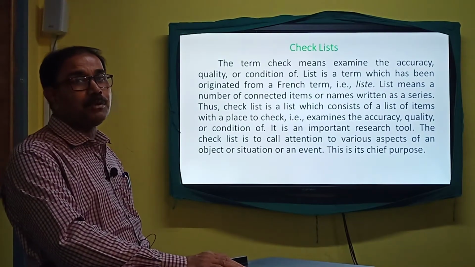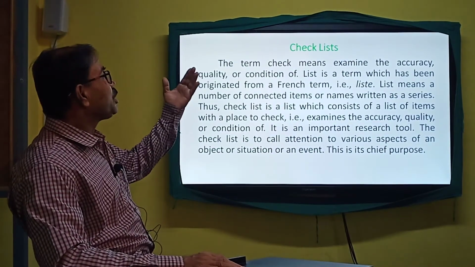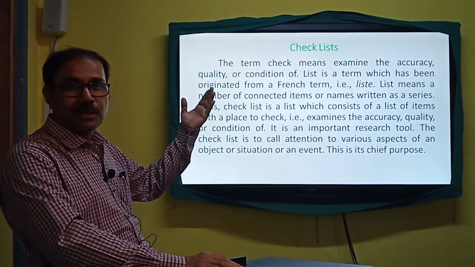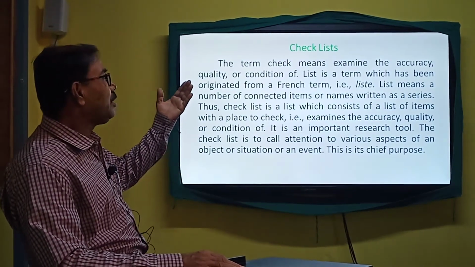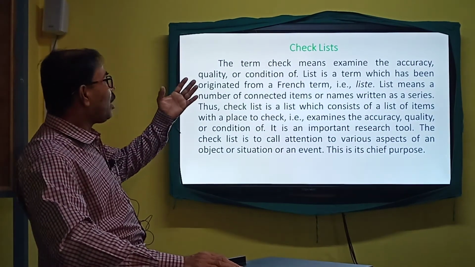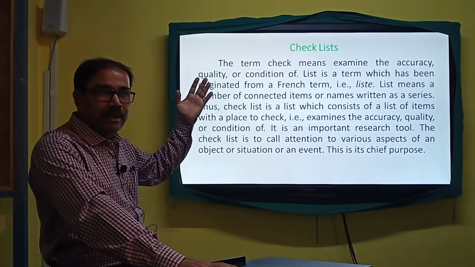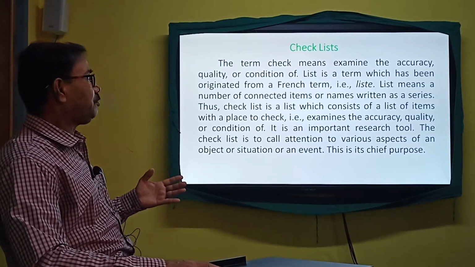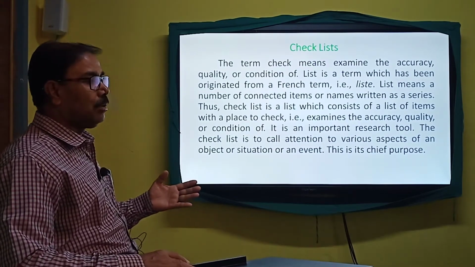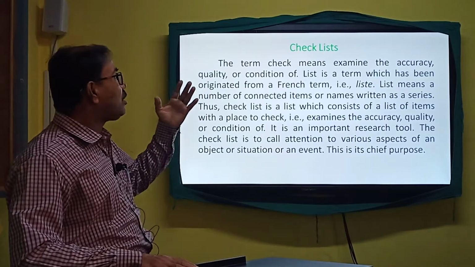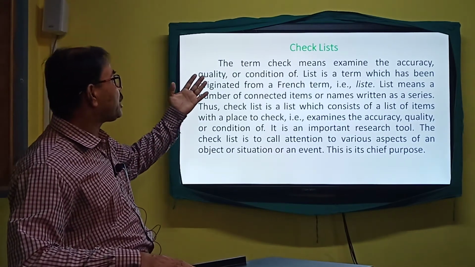Now let us come to the next most important tool, that is the checklist. Checklist is also one of the most important tools of research. For having a clear concept concerning this research data collection tool, the checklist, we have to understand the meaning of the term check.